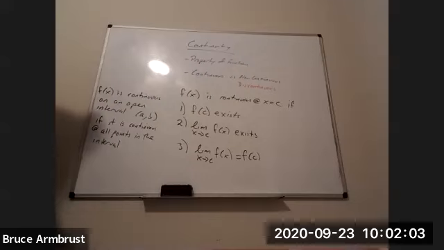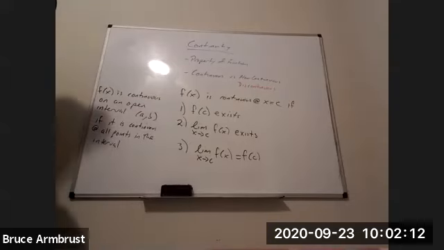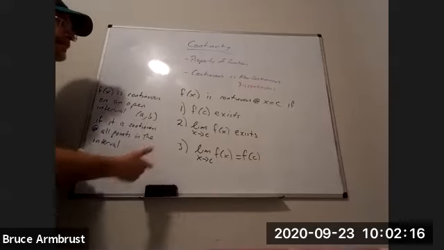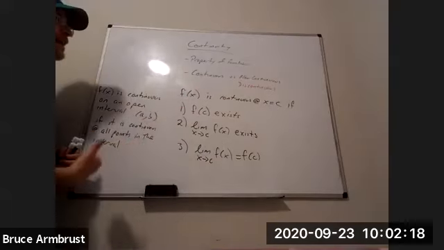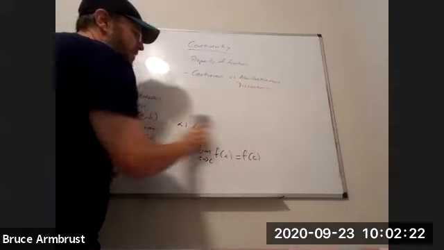So you can be continuous or discontinuous. And the reason I brought up that word is for this next term. Any place where a function is not continuous, we call a discontinuity.